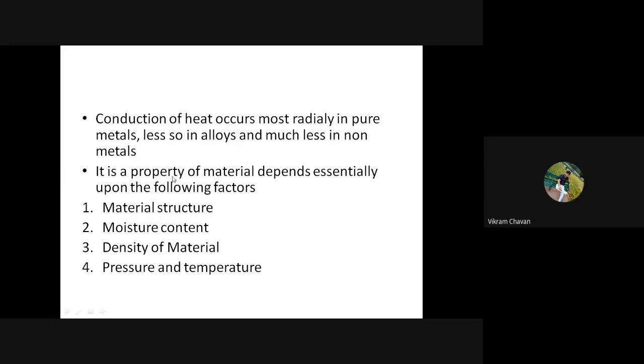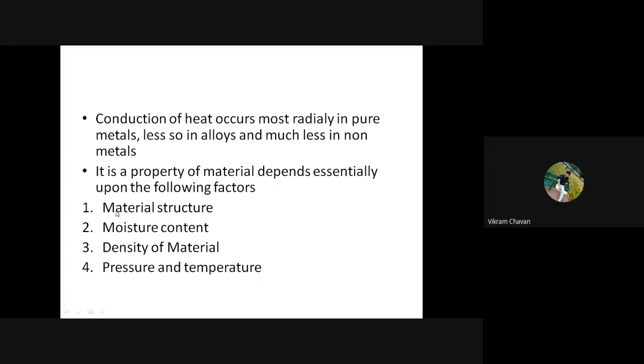So thermal conductivity is a property of a material, and it depends essentially upon the following factors. First one is the material or structure. Second is the moisture content of that material. Third is the density of that material, and last are the pressure and temperature.